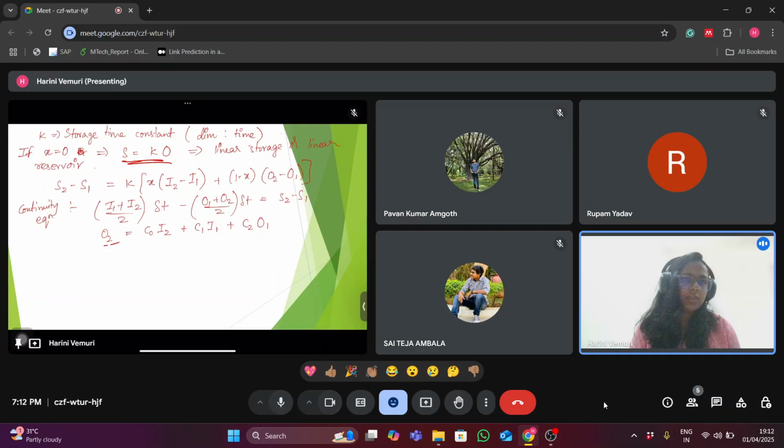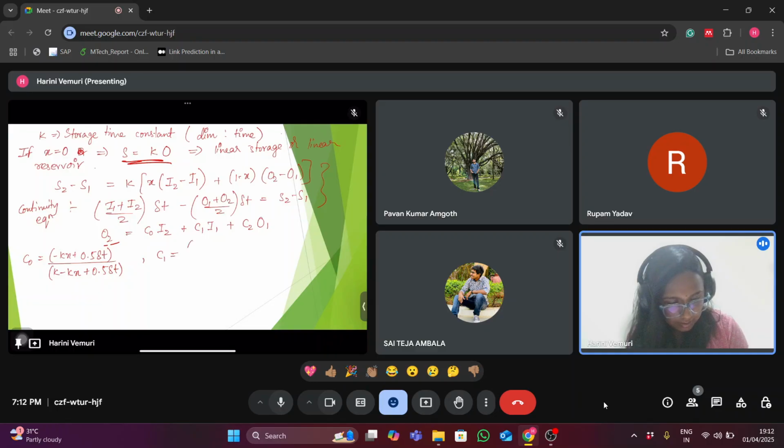Here C0, C1, C2 are constants which are functions of k and x. By solving these two equations we get these simplified equations. C0 is equal to minus kx plus 0.5 times delta t by k minus kx plus 0.5 delta t.